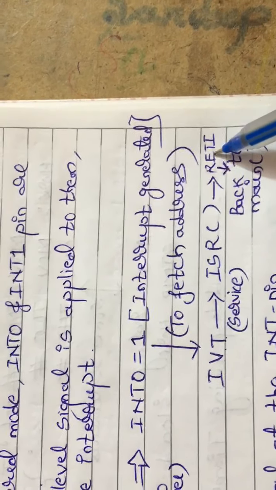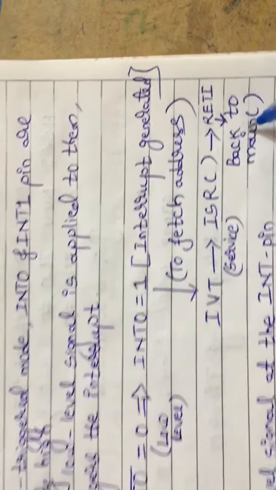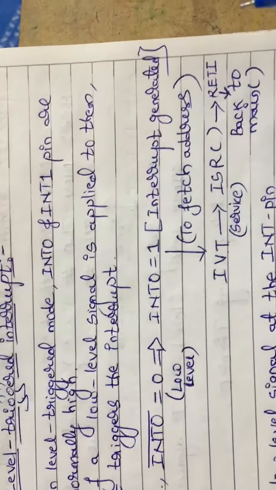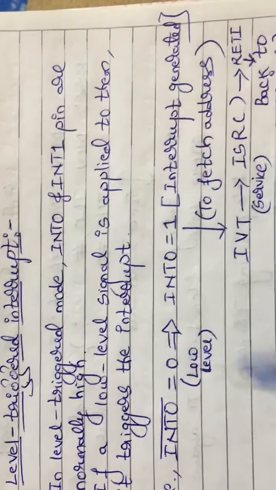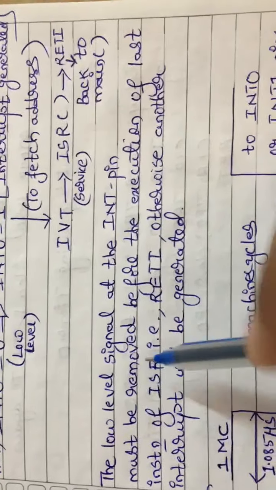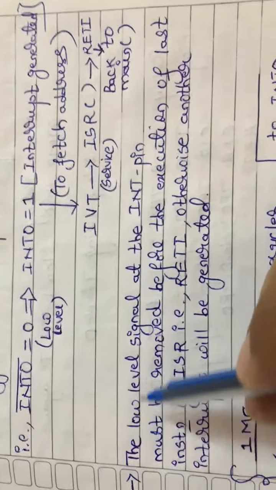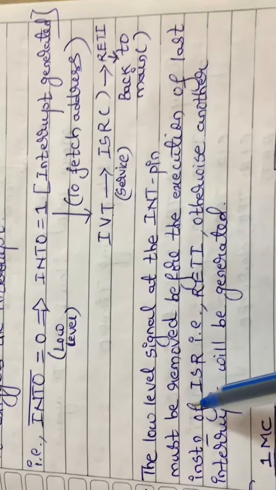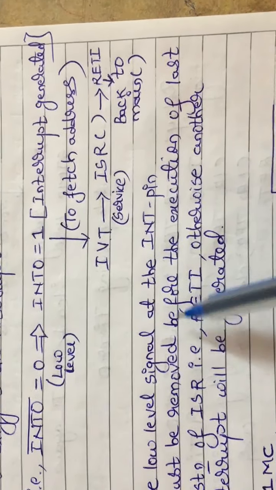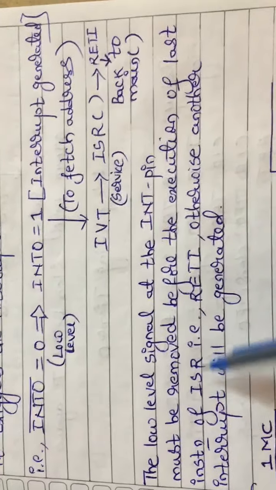After the return from the interrupt, it will move to the main program. This is how the process is done in level triggering. It's very simple, just send a low level signal. The same thing I have written here: the low level signal at the INT pin must be removed before the execution of the last instruction of the ISR.